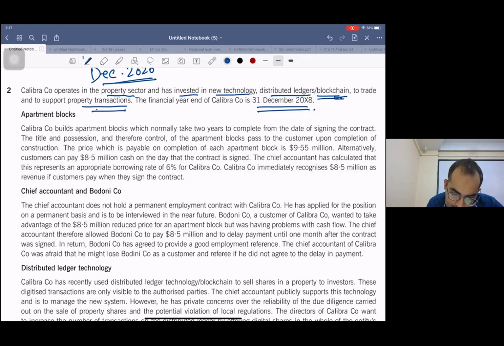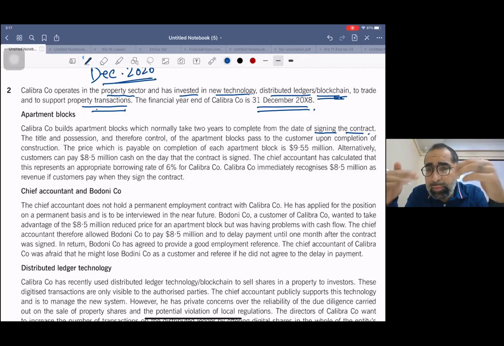Calibra company builds apartment blocks which normally take 2 years to complete from the date of signing contract. We prepare apartments and then we sell them after the completion.